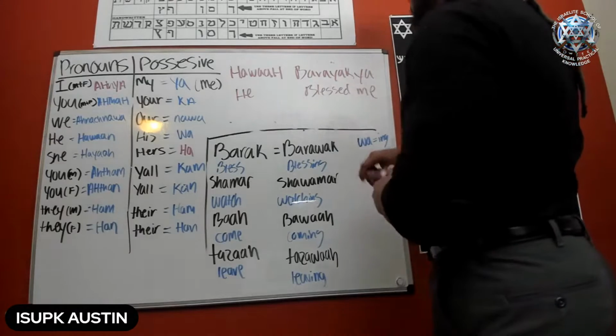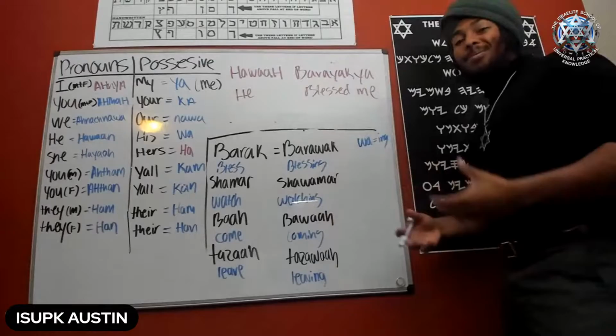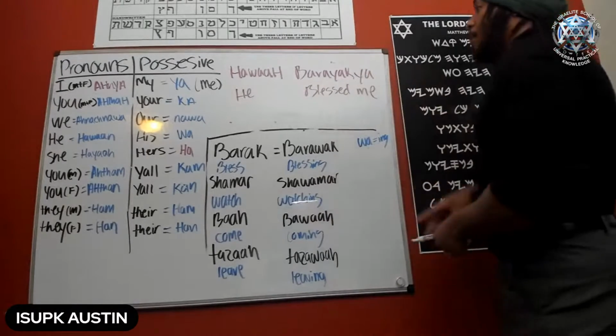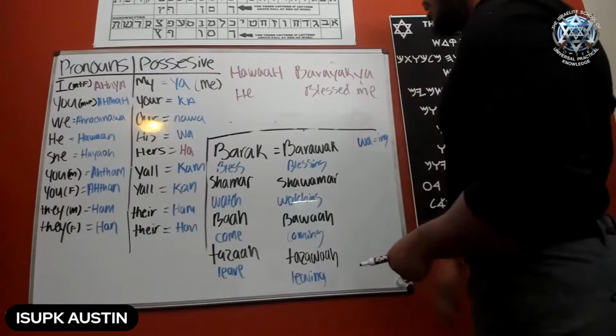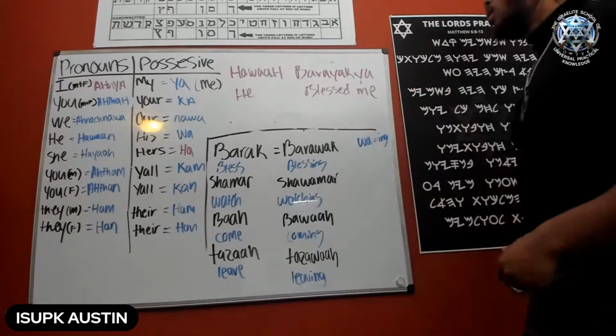Sometimes for practice, you want to split it up, then try to say it again fluently when it sounds good. So I would say bawa yakya, bawa yakya. See that? Easy when you break it up, because everything is sounds.